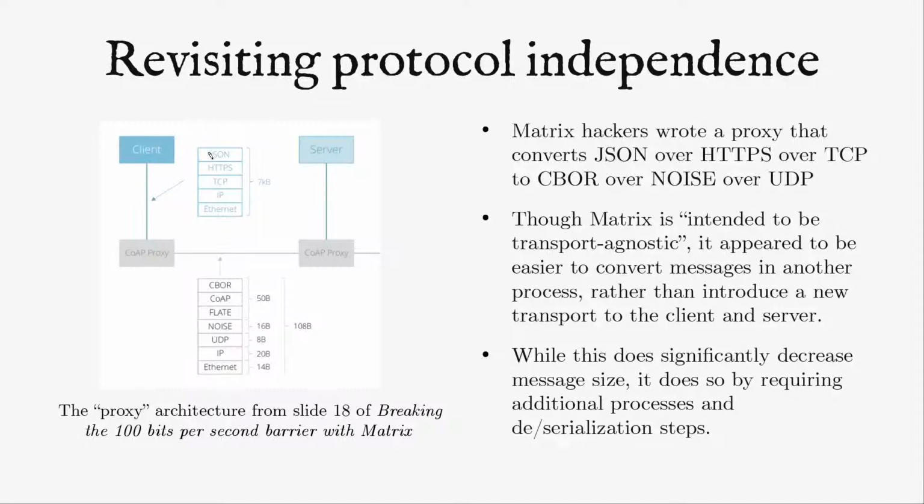With all this, they achieved a 70 times reduction in object size, which is quite impressive. While they did that very well, the architecture of using a proxy stands out as a bit weird.